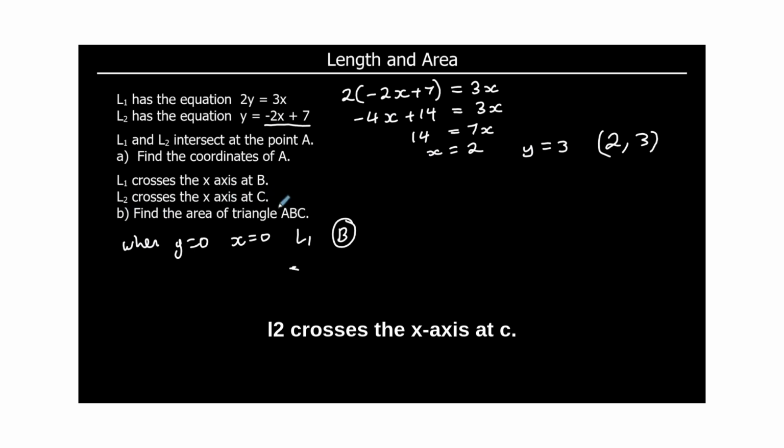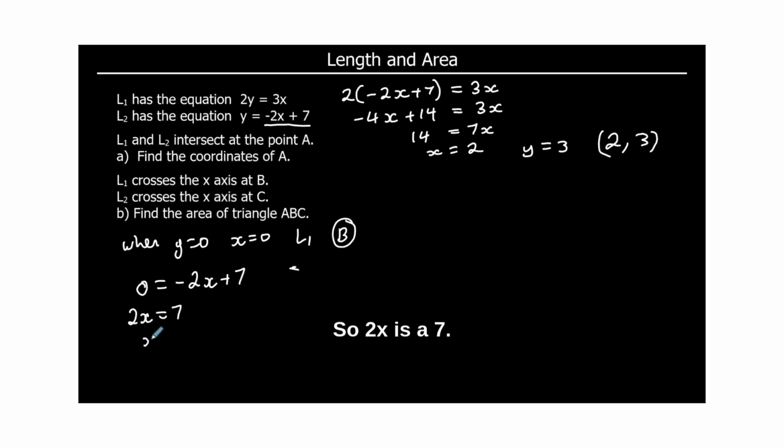L2 crosses the x-axis at C. So when y equals 0, 0 equals negative 2x plus 7. So 2x is 7. X is 7 over 2. So C is 7 over 2, 0.